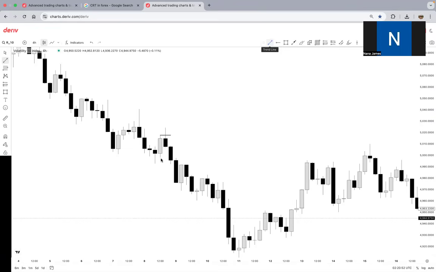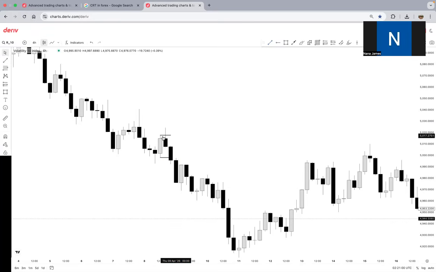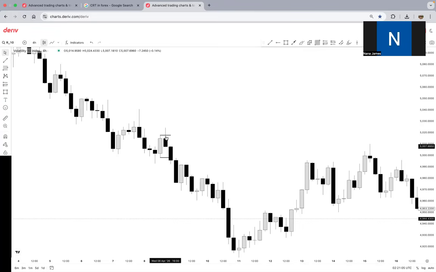If you are marking our range high, we will mark it here, and if you are marking our range low, we will mark it here. So without any directional bias, we can tell this one is a bearish CRT. Why? Because the high of candle one was swept and the candle closed back within the range. It didn't close with a body above.